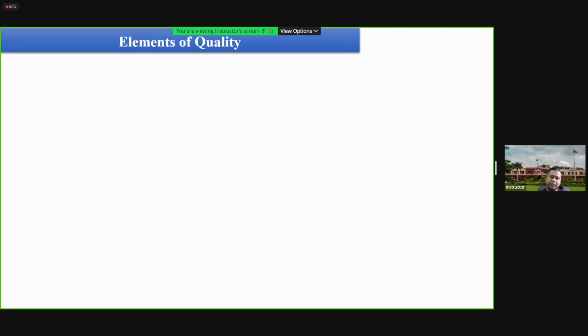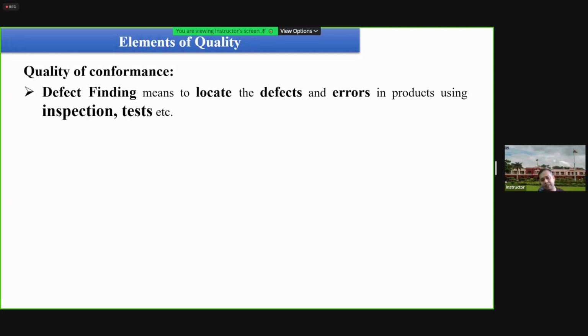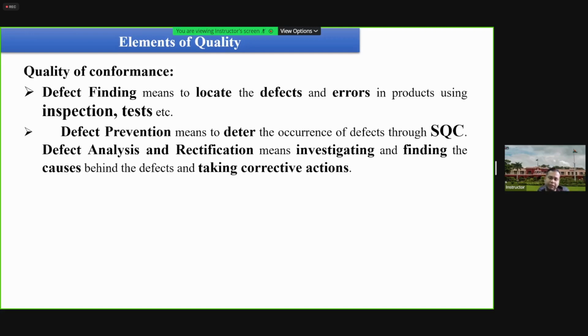Defect finding means that we are finding the defects, we are locating where the defects are happening. Prevention means we are using certain statistical techniques so that defects do not occur, and rectification means we are investigating the root cause, what are the causes behind the defects, and then we are ensuring that no further defects are happening.